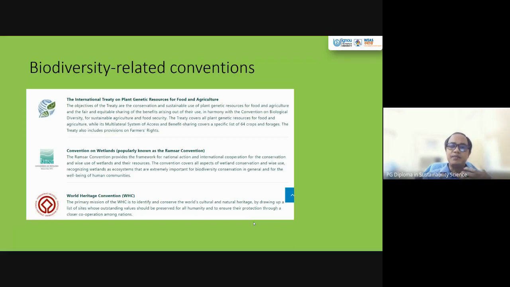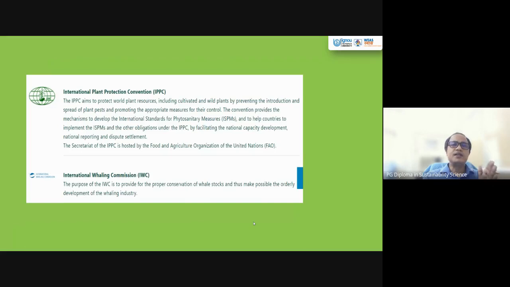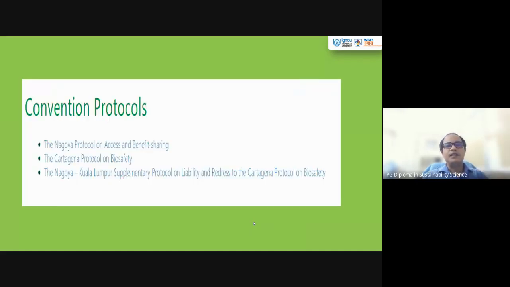We have the Convention on Wetlands, which we call the Ramsar Convention, that happened in 1979. Then the World Heritage Convention, it must be 79, or 77, I'm not sure, we can relook into that. These are some of the international efforts for conservation of biodiversity, like the International Plant Protection Convention and the International Whaling Commission. Then one of the latest important protocols is the Nagoya Protocol on Access and Benefit Sharing.